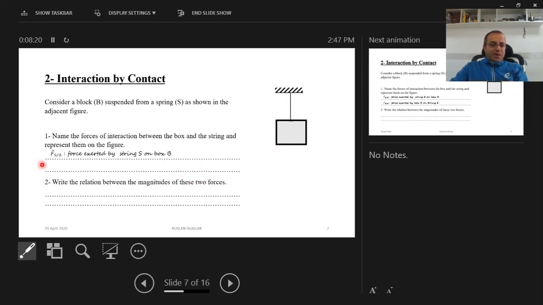First, F S on B, the force exerted by the string on the box.